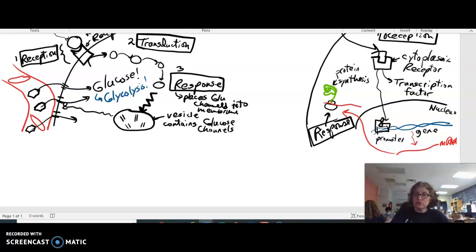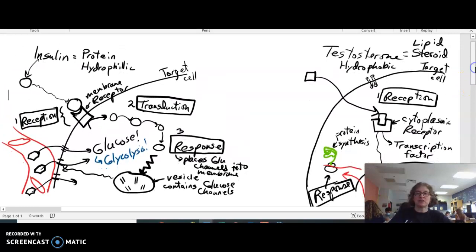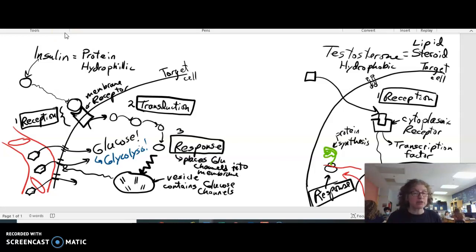So those are the two different types of pathways with these two different hormones. Protein hormone like insulin has this sort of pathway where it needs a membrane receptor to then receive the signal and start things going. And testosterone is a lipid hormone whose reception happens inside the cytoplasm with the cytoplasmic receptor.